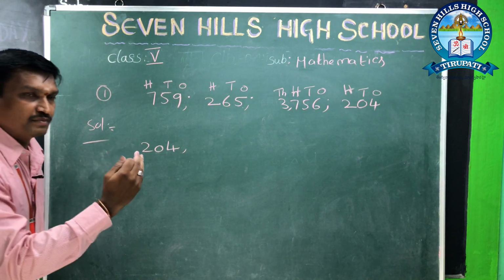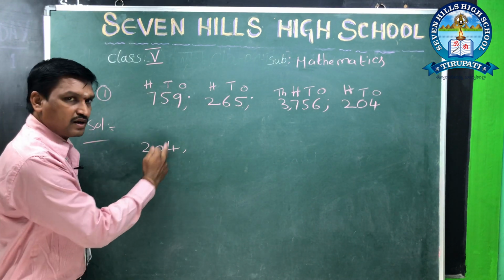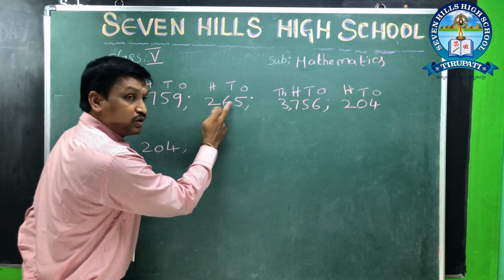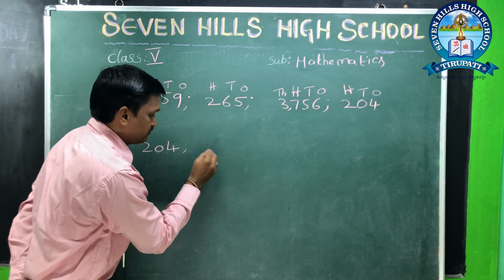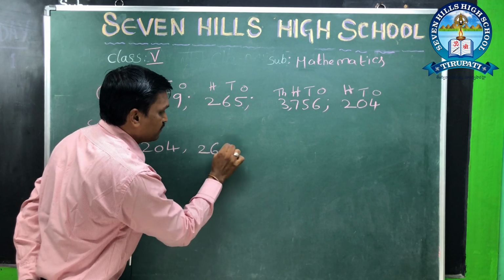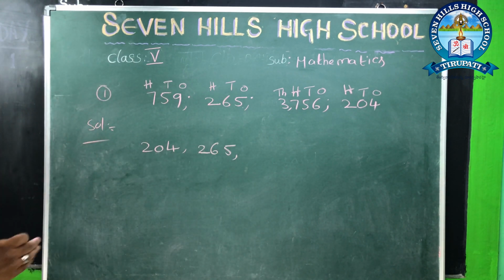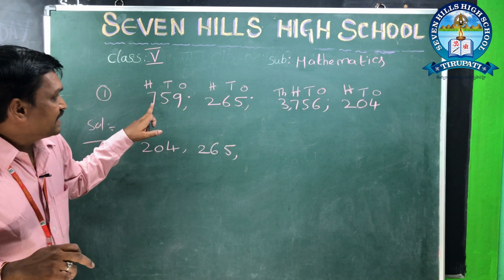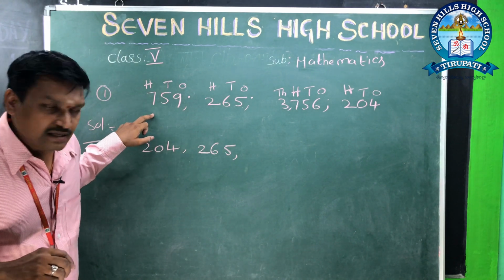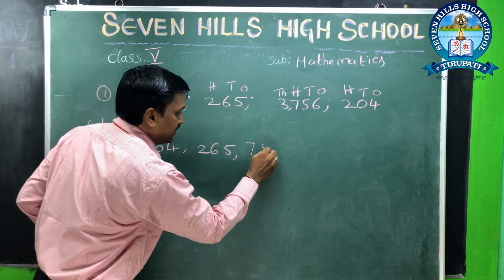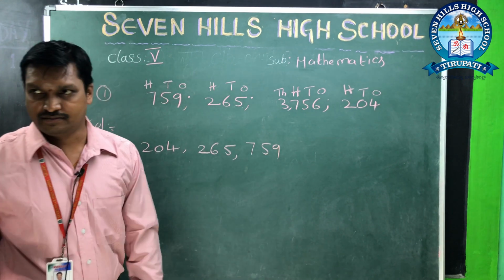Next, the number bigger than 204 is 265. Then here is another hundreds place number, 759.